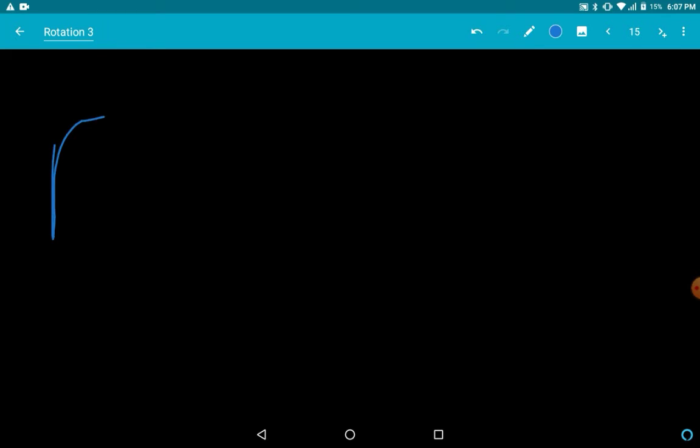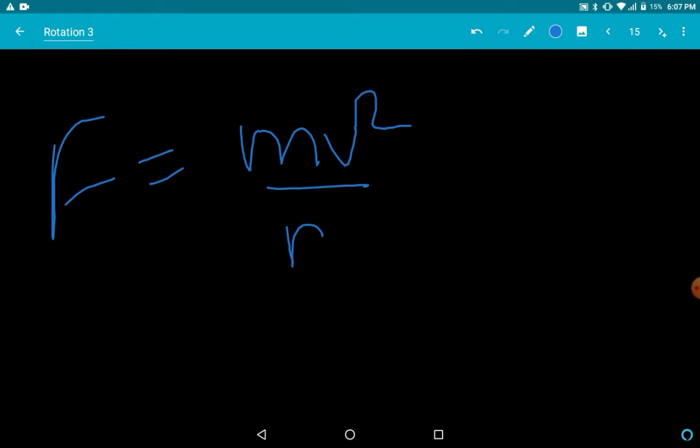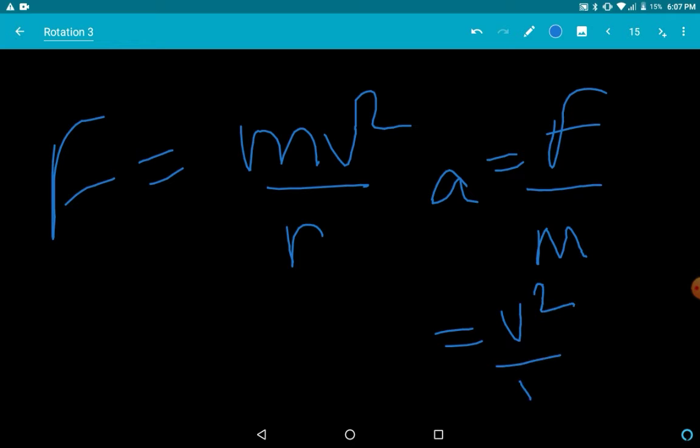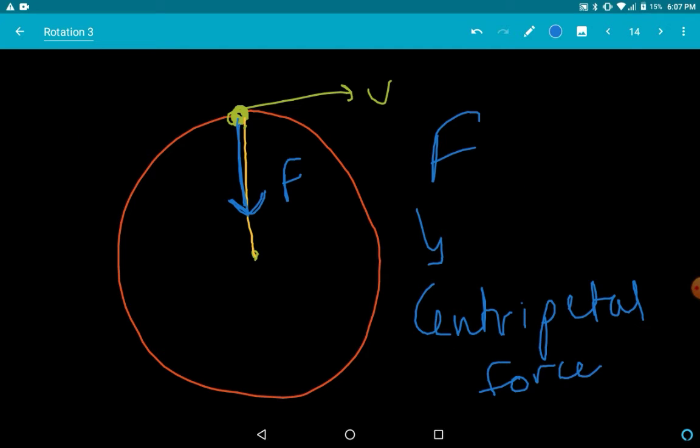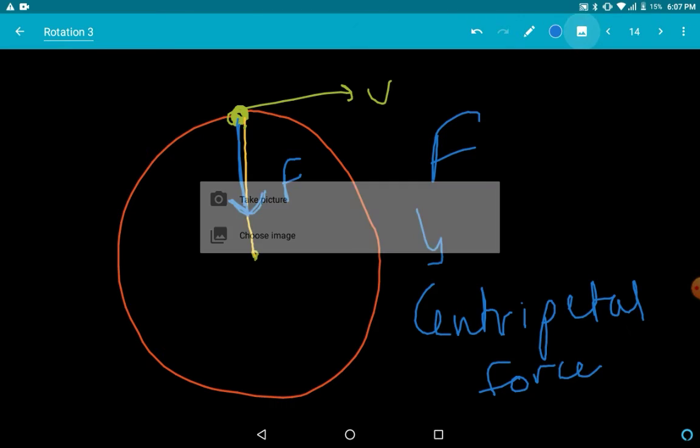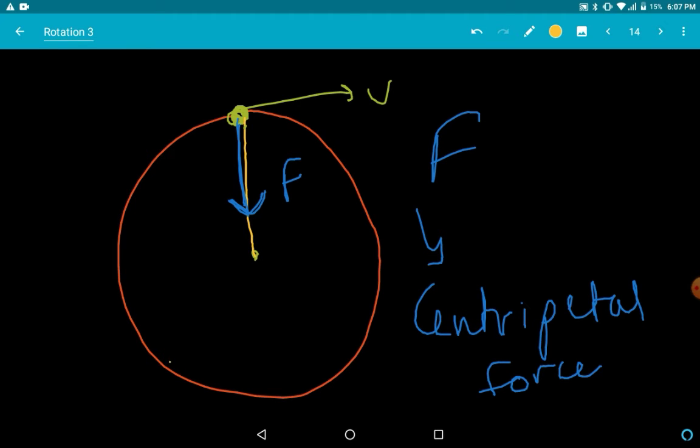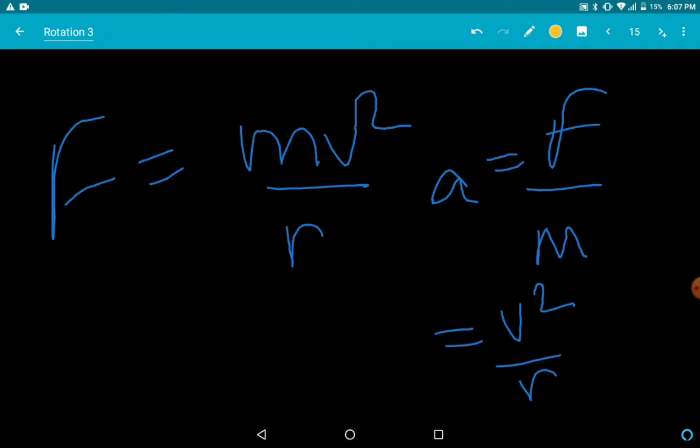Now what is the value of the centripetal force? You just know it, mv squared by r. Now if you say what is acceleration, we know acceleration is nothing but f by m, so it is nothing but v squared by r. R is actually nothing but the radius here, and v is the velocity of the body.